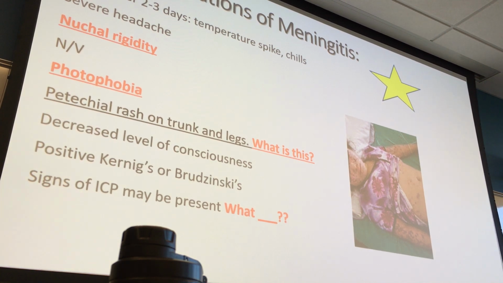You'll have a decreased level of consciousness. We'll talk about the positive Kernig's or Brudzinski's. We've already talked about the increased intracranial pressure. Well, it's called petechial rash, which eventually turns into purpura.